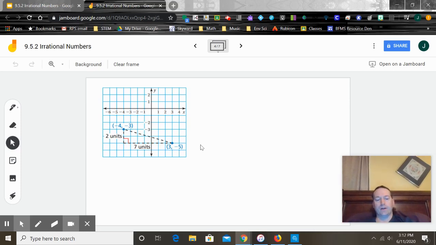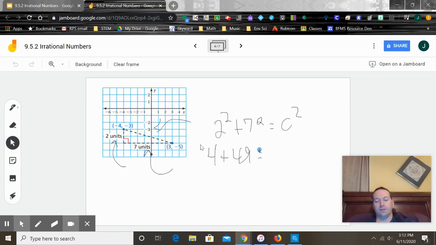We have a distance here of 2, so that's 2 squared, and a distance here of 7 squared, and that equals our hypotenuse c squared. So 4 plus 49 equals c squared, which is 53.